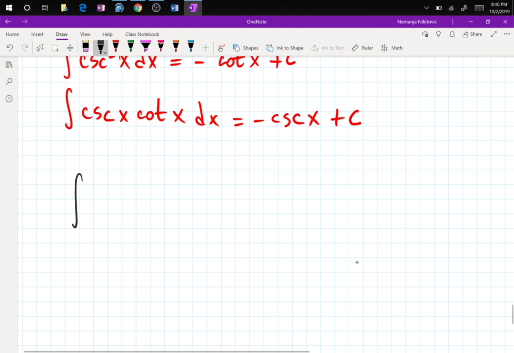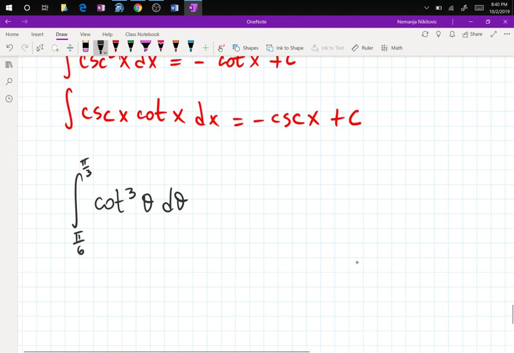How about we pick one of the homework exercises, because they are wonderful. Am I going to regret the cotangent cube? Let's see. I don't know. Cotangent cube theta d theta. They have thetas there.